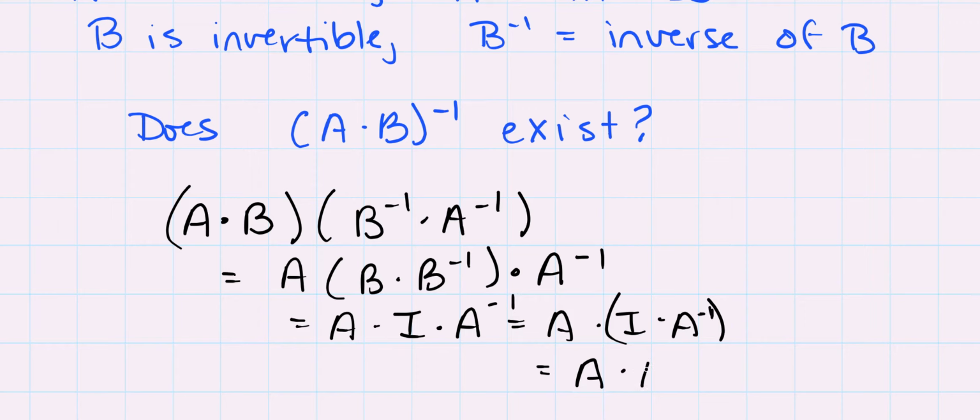So we get A times A inverse. Make sure you can see that. Because this had an inverse, so I just popped it back on. And then A times the inverse is the identity matrix. So we just showed that the right-sided inverse of A times B is B inverse times A inverse.